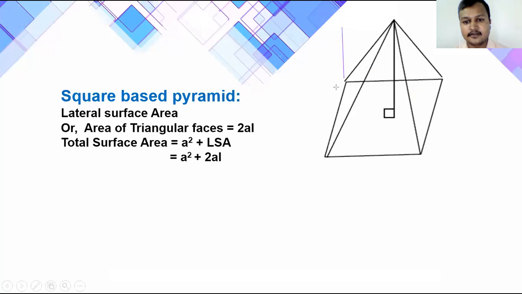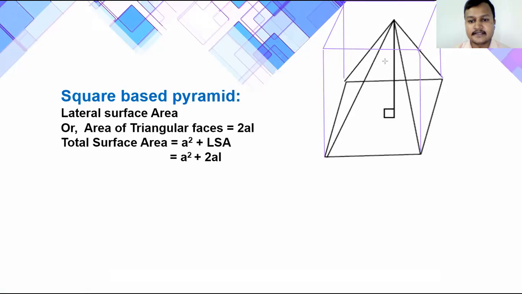Let me complete the cuboid here so that you can understand it properly. And inside this cuboid there is the pyramid. As cone is 1/3 of the cylinder, pyramid is 1/3 of this cuboid.